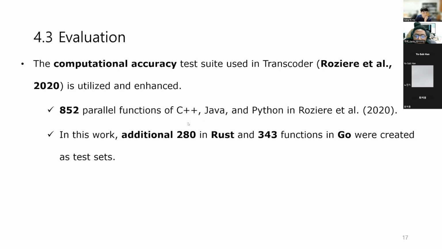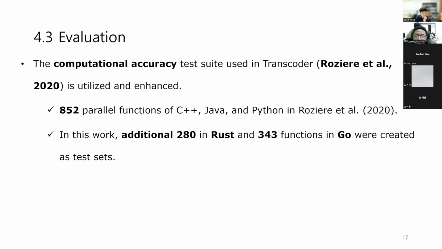Basically, if you see the test set of the TransCoder, 852, it's very few because they create unit tests for every one of these 852 parallel functions. So these functions are parallel.